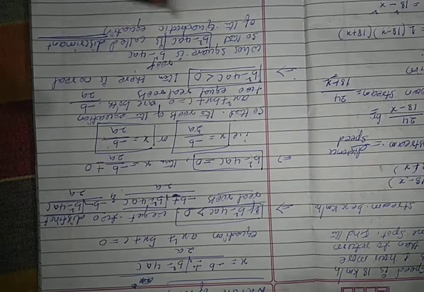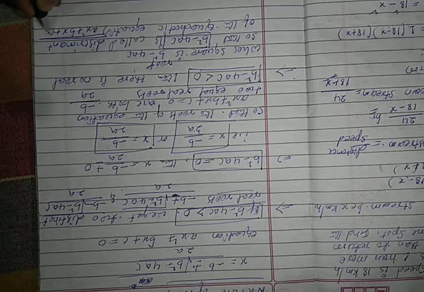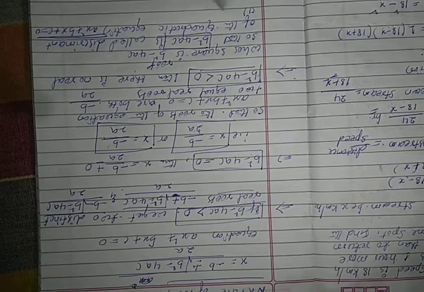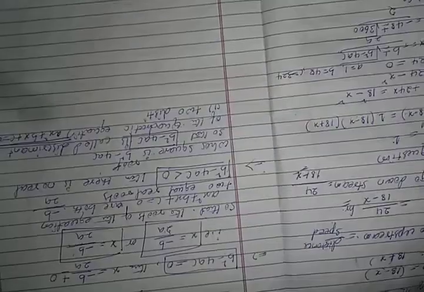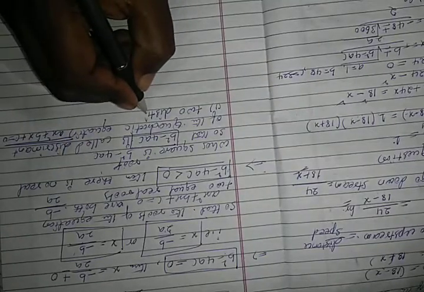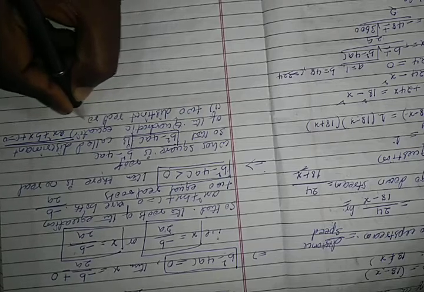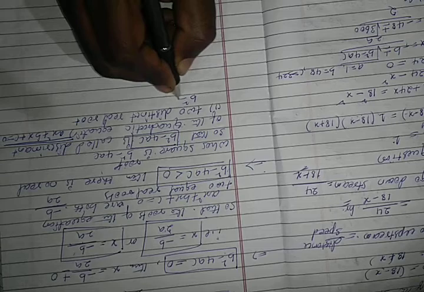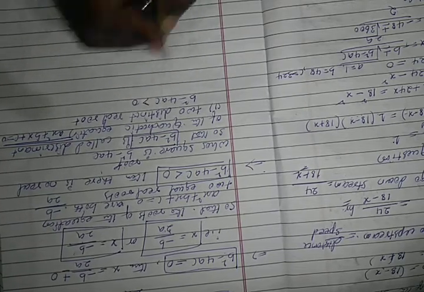What is the quadratic equation? ax square plus bx plus c is equal to 0. First we shall write the first one. First one is two distinct real roots, when b square minus 4ac is greater than 0.